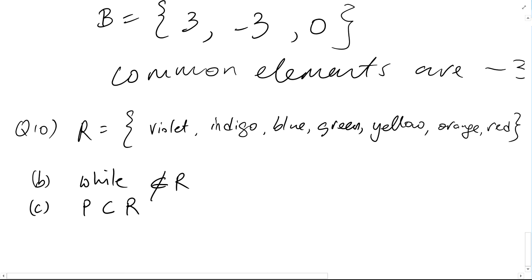Not all the colors in R are in P. You should be talking about all the colors in P, whether they are found inside R. Don't go the other way around. Okay, so it sounds like some of you are changing your minds. Let's try again. Is P a proper subset of R?